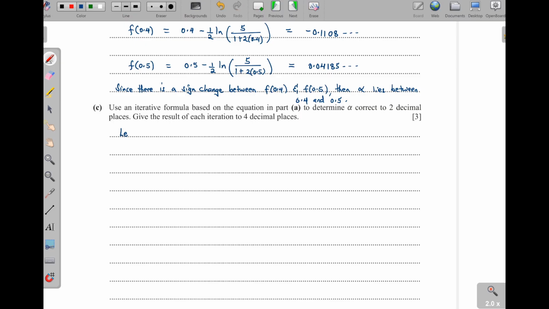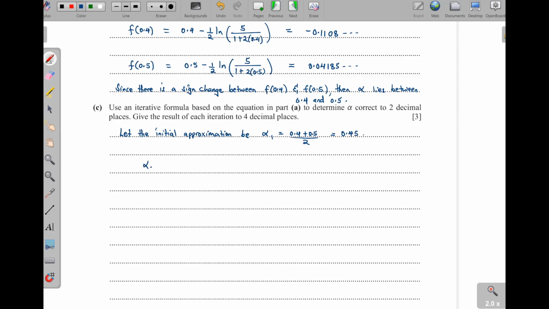Okay, no problem. Anyone can start with whatever they want, but I recommend that you use the initial approximation to be the mid value. So I will say let the initial approximation be maybe alpha 1, which is going to be equal to 0.4, the average of these two, plus 0.5 out of 2, that is 0.45.